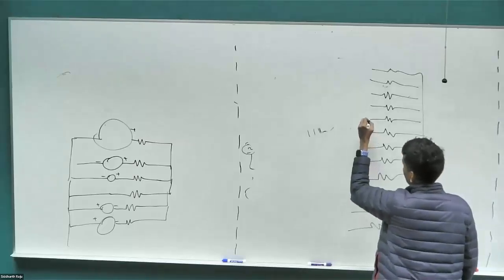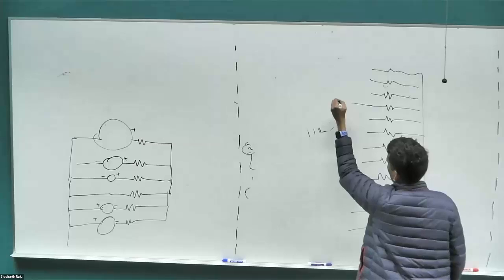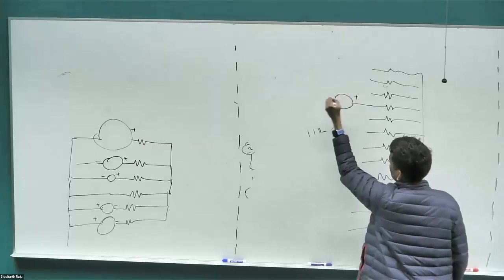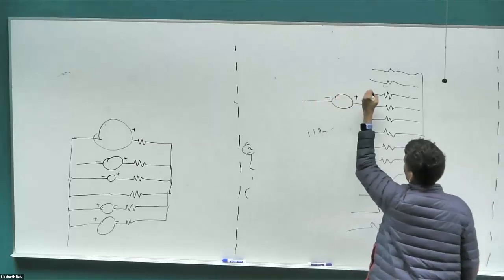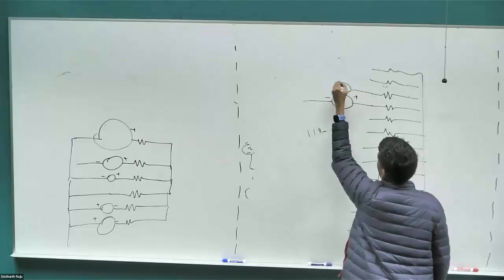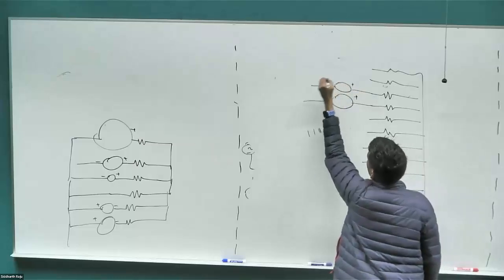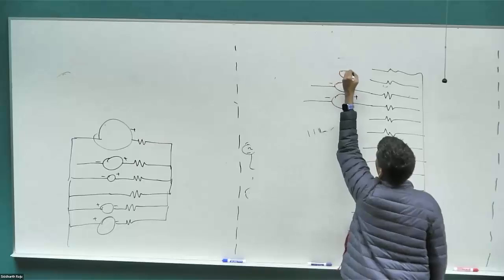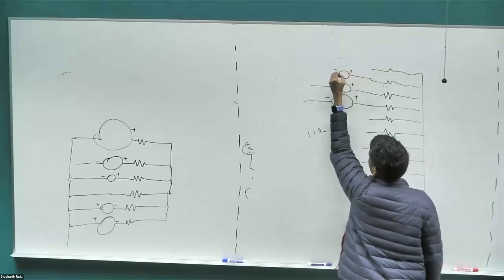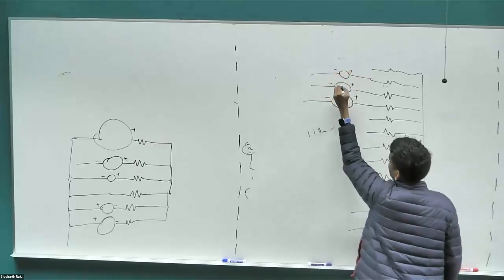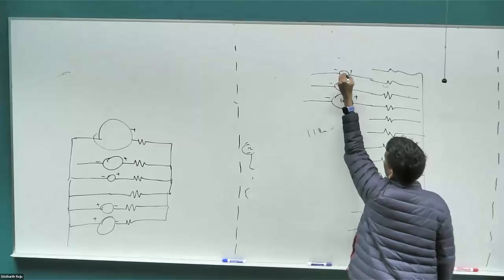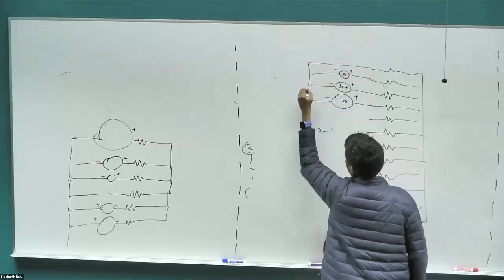Let's say this is the one that is at its peak voltage, and then on the left of it, the voltage is going to be slightly lower, and then even lower. Right, so this was 100, this was 86.6, this was 50, and this is 0 volts.